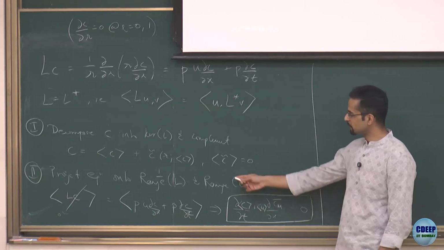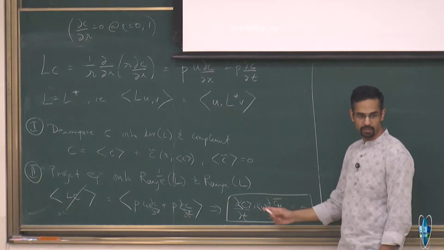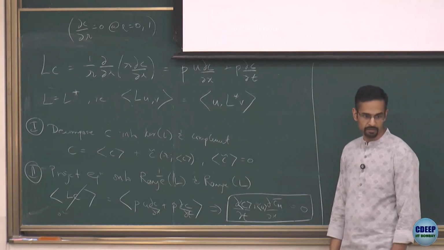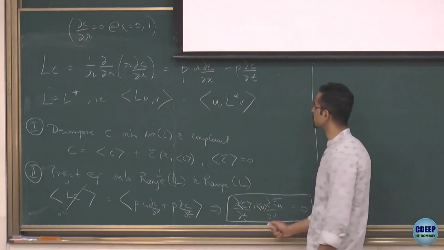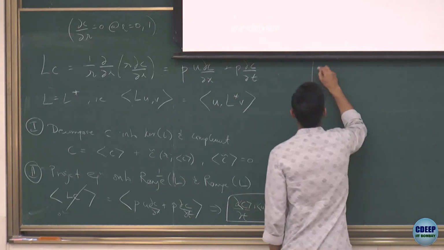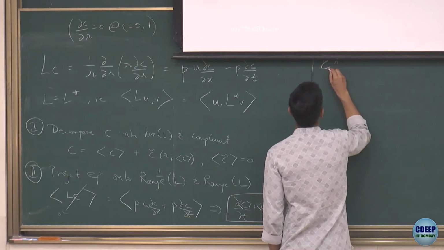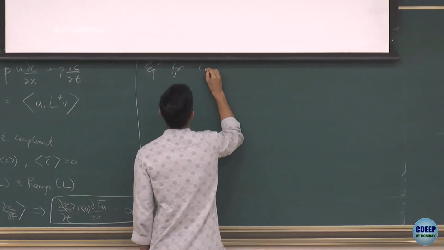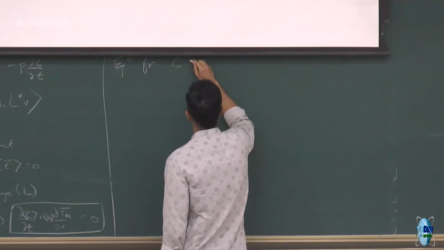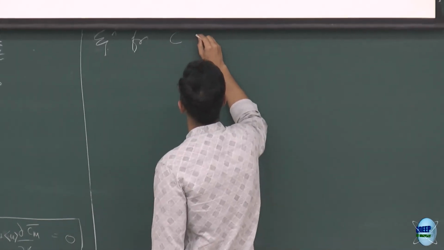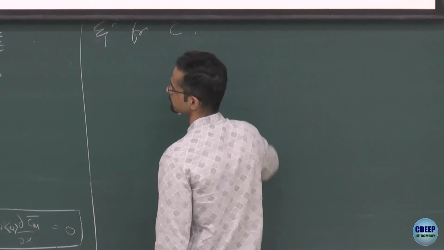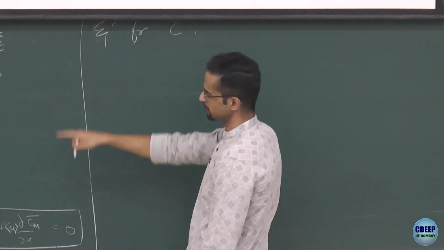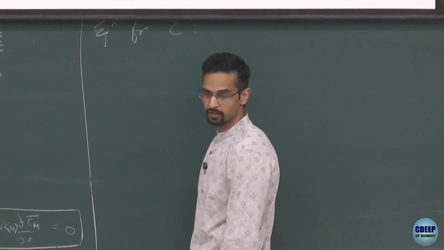At the same time, because I want to get an equation for C tilde, I'll also replace C by its decomposition. So I start with the original equation and then I just have to subtract this out at the end.